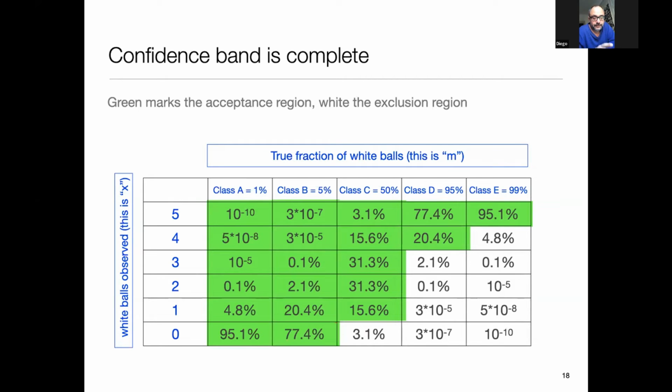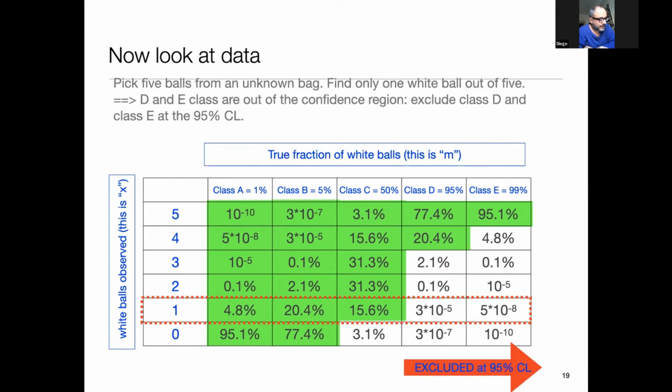So far I haven't yet observed the data, but then I go and actually look at the data. I take one random bag and I pick my 5 balls and I observe, say, 1 white ball out of 5. This is my observation, the red x0 that I had in my previous diagram.